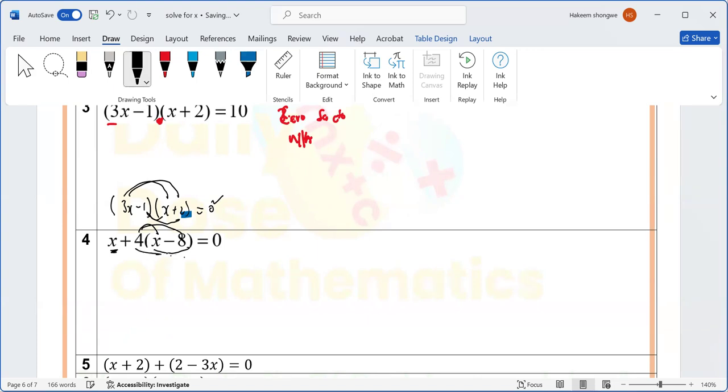It's not multiplying the bracket, it's adding to the bracket. So here we say the zero factor law does not apply. Not applicable.